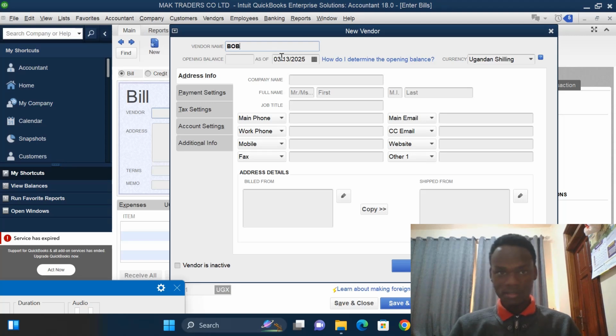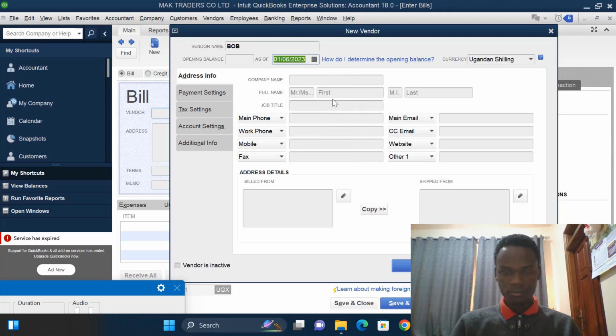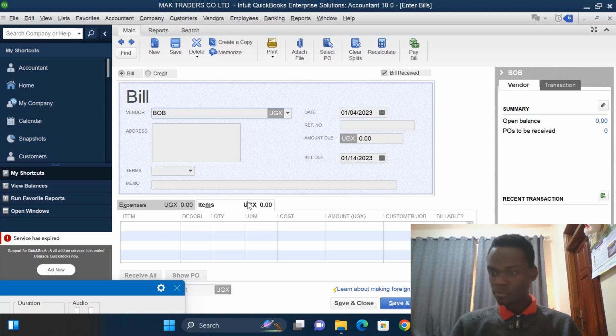As of 6th January 2023, about 100 liters of engine oil.